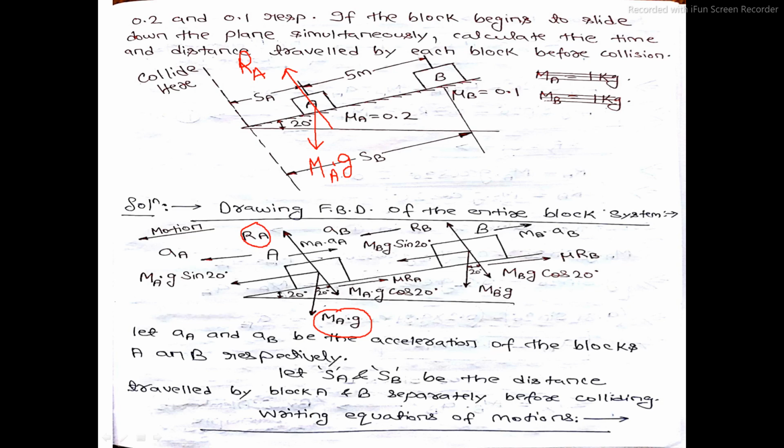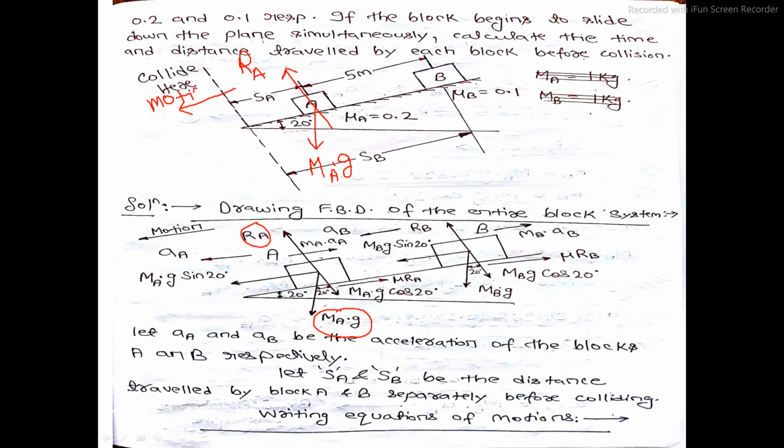Now from the problem it is very clear that block A is moving down the inclined plane. That means for block A, the direction of motion is in this direction.